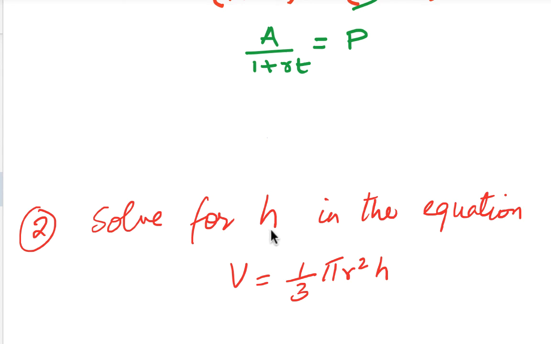In order to solve for h, h should be on one side of the equal sign with coefficient 1. Now we have one third π r squared. So we're going to multiply this whole equation by 3, which is the reciprocal of 1/3, and also divide by π r squared.